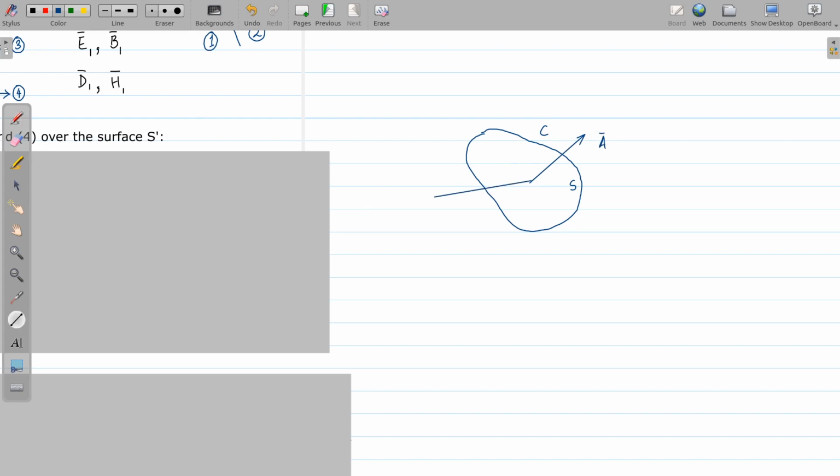Because a curl is also a vector field, this is the curl of the vector field.